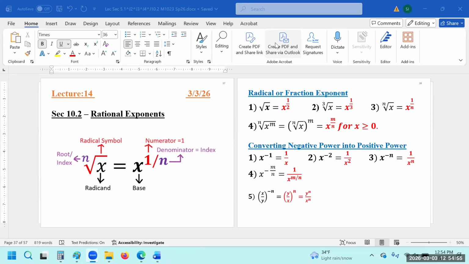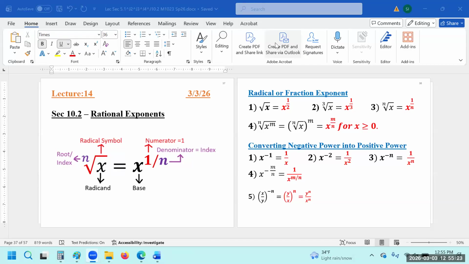And in our last class, I introduced you to all these rules. So we can skip all the details, but I'm just going to go over a little bit about all the parts. So chapter 10 talks about negative power and radical power. When we have a radical symbol, nth root of x, that n is called index or root.